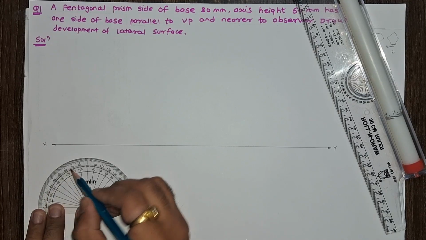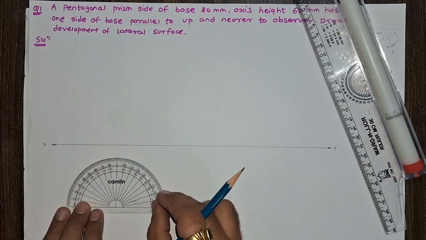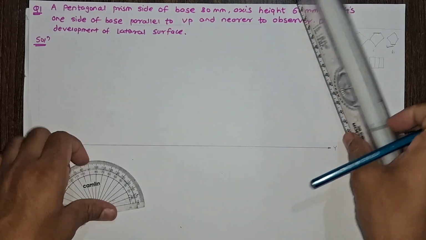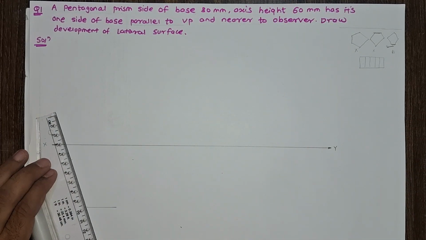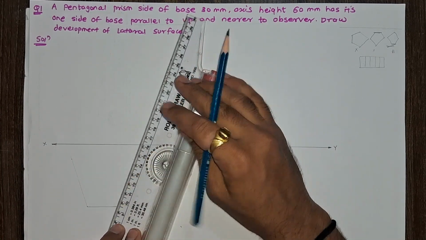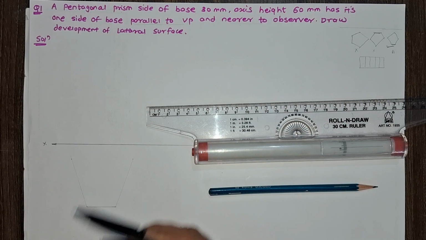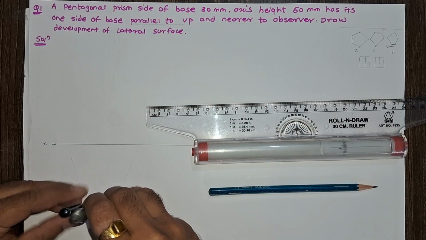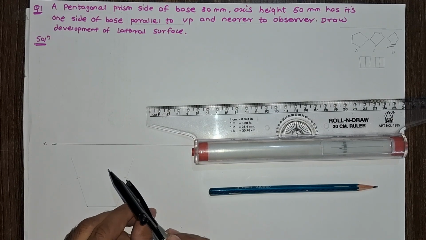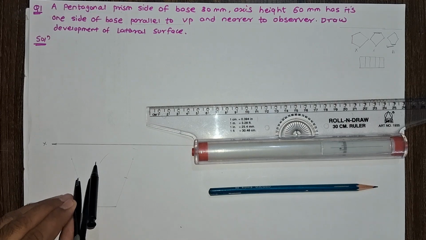From here, mark a 72-degree angle along anti-clockwise direction, and here mark a 72-degree angle along clockwise direction. By using thin lines, join these points. Now take a compass and measure 30 mm distance and mark an arc on the 72-degree angle line. Similarly, mark an arc from this side.